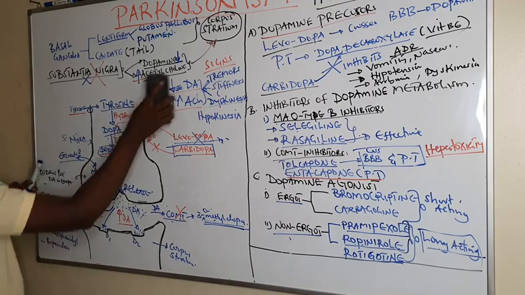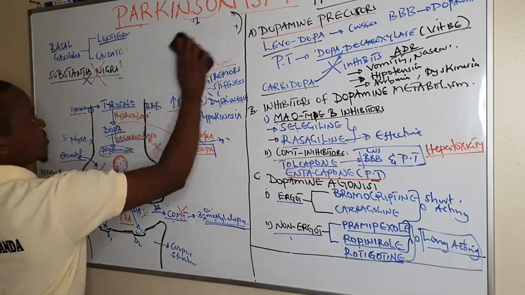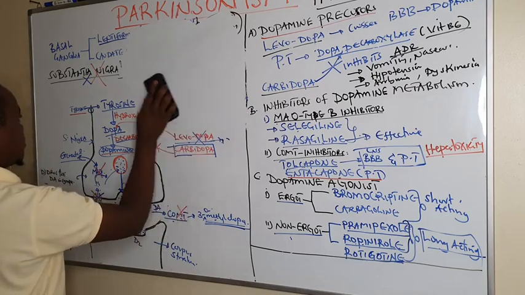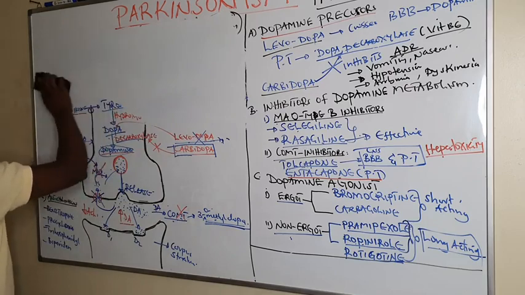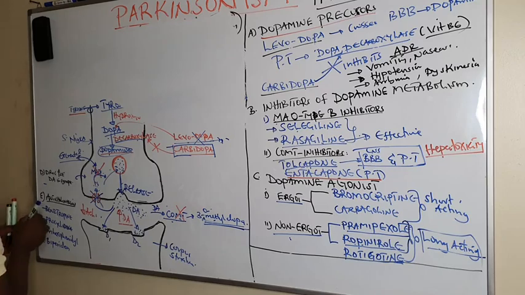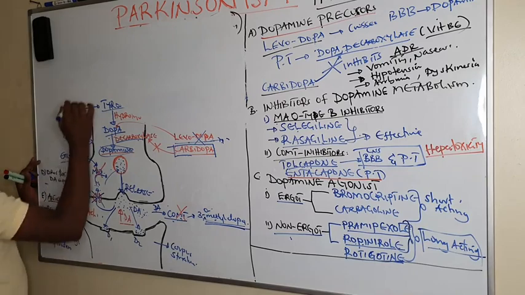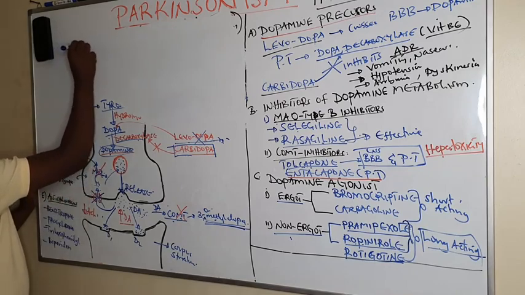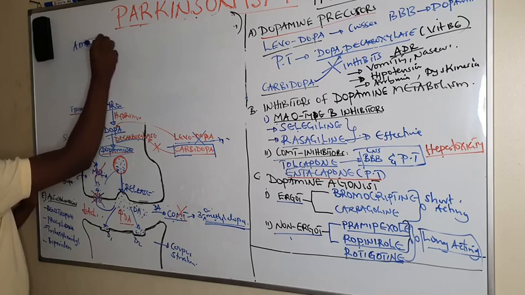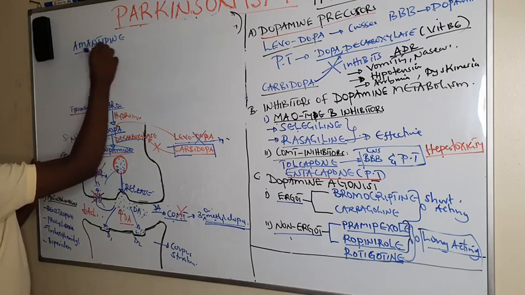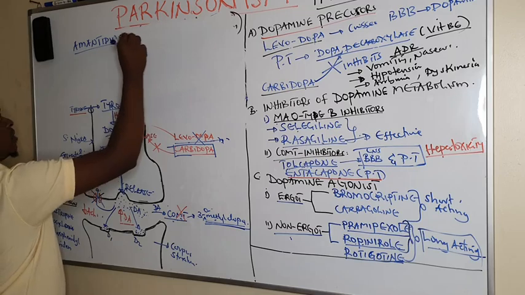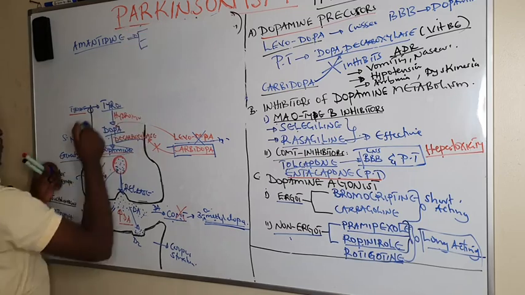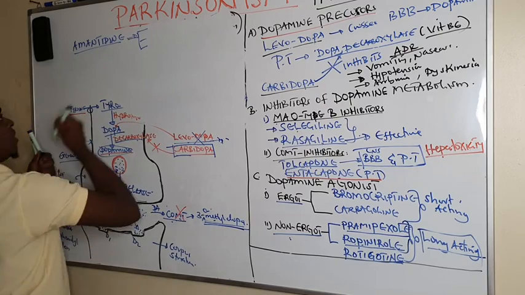we are going to see drugs which increase dopamine in the synapse. We have drugs like amantadine. Amantadine is an antiviral drug. When given, it acts in this way.